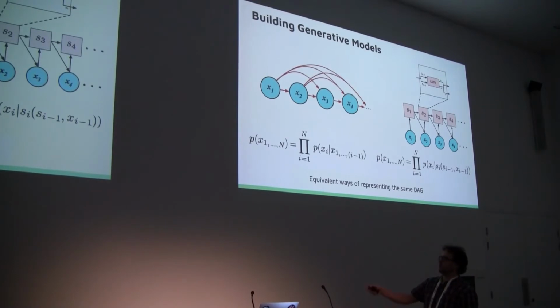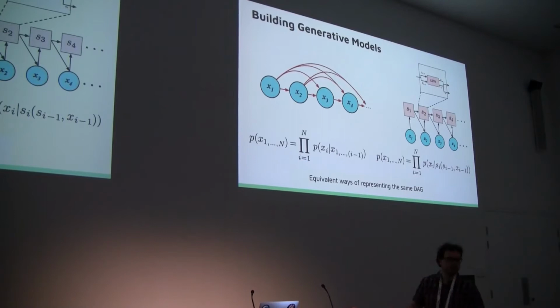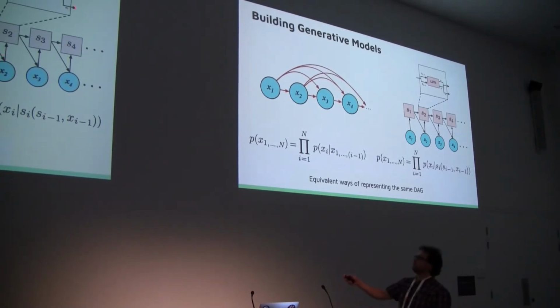And now we can add a little bit more detail to what's happening here. These blocks tell us more than the diagram on the left, in the sense that they tell us exactly how the conditioning is happening. In this case, the conditioning happens through the state of this RNN.